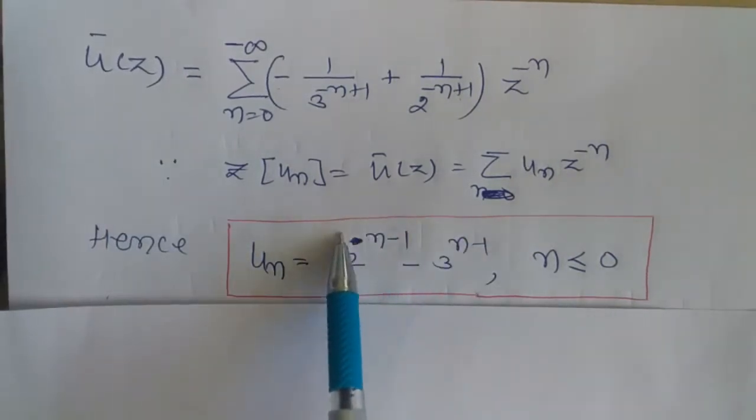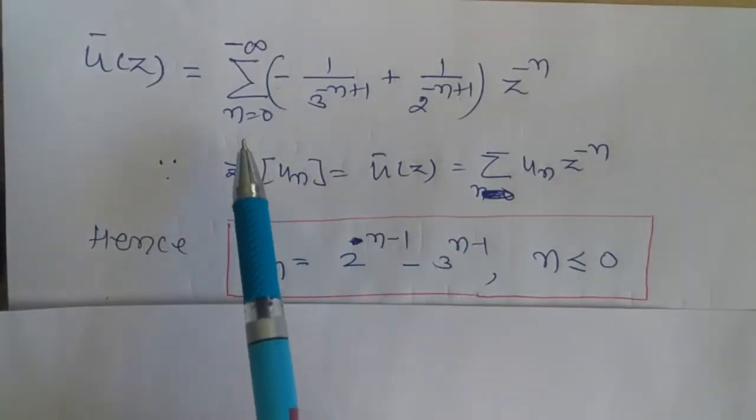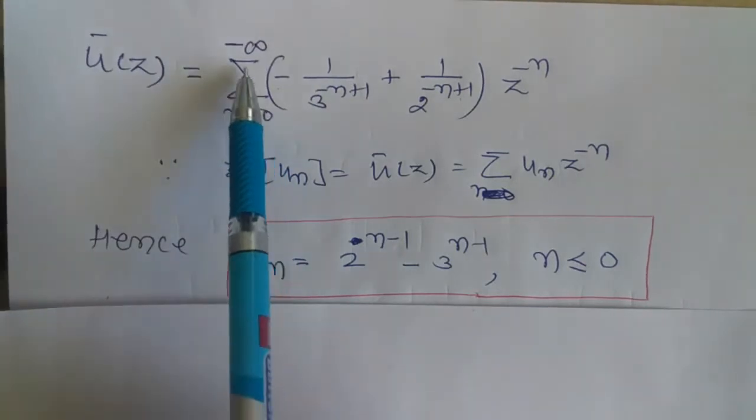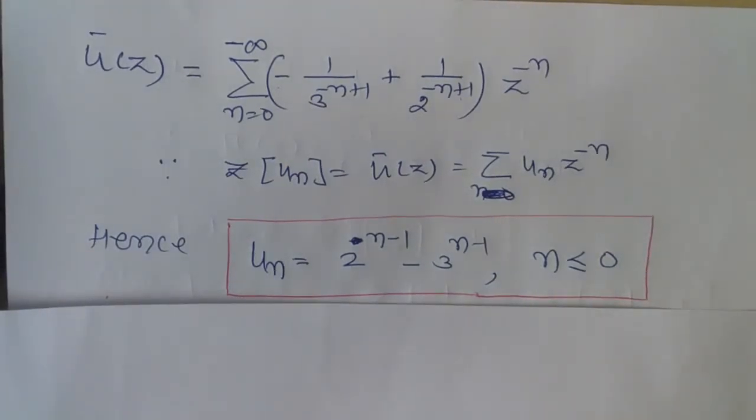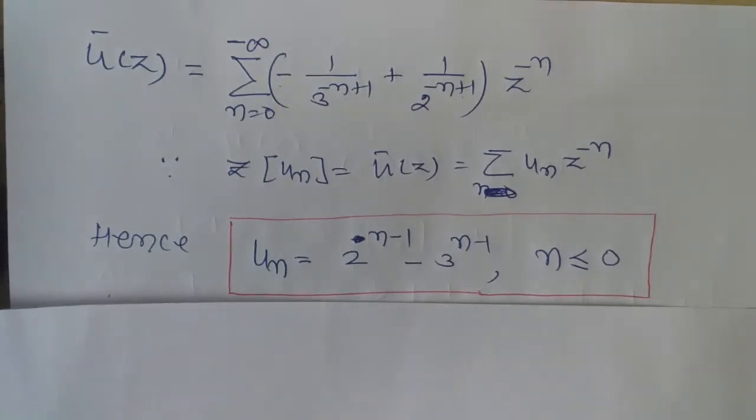So this is the required u n, with n varying from 0 to negative infinity, therefore n is less than or equal to 0. So this is the required inverse z transform of u bar z for the region of convergence mod z less than 2.